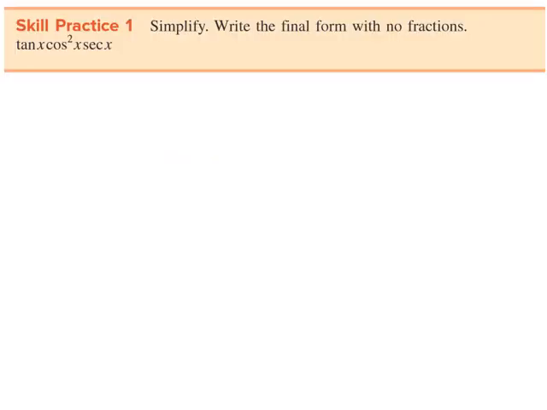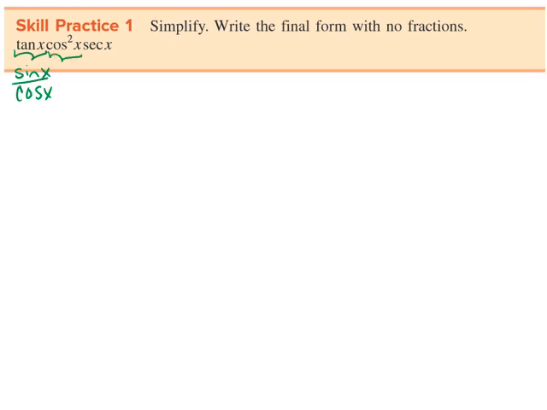Let's take a look at another example. Same thing. If I can use a reciprocal identity, I am going to go ahead and do that. So rewriting tangent of x, if I can rewrite everything in terms of sine and cosine, a lot of times that is helpful. Not always, but a lot of times. So tangent of x is going to be written as sine of x over cosine of x.